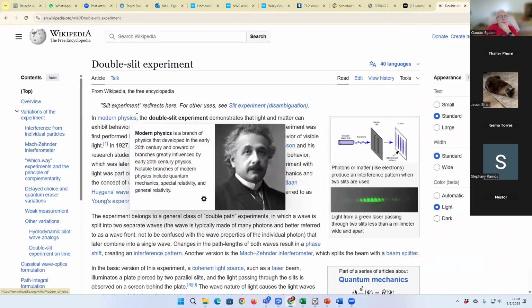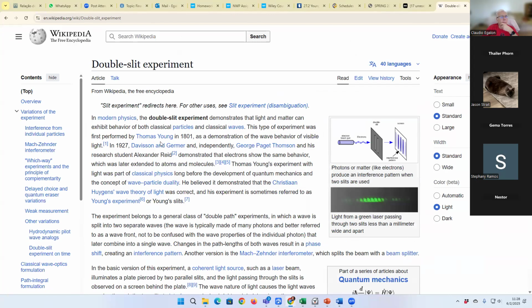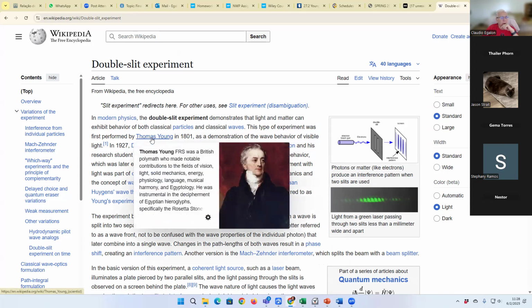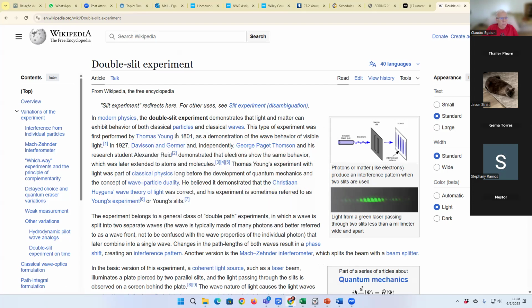Sometimes there are some people that managed to see that before Thomas Young, but couldn't realize the explanation, okay? In modern physics, the double slit experiment demonstrates that light and matter can exhibit behavior as both classical particles and classical waves. This type of experiment was first performed by Thomas Young. It looks like he was the first one. In 1801, at the time when the British Empire was the most powerful one on the surface of the earth, right? At that time, the Americans were still getting their stuff together.